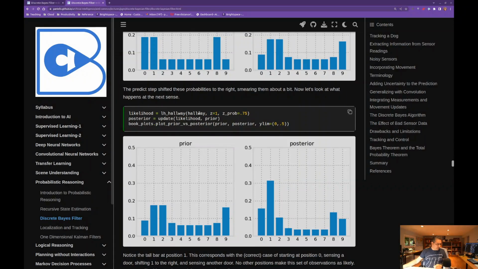The belief hat changes. This is shown here on the left, called prior, and we can see that the belief has moved by 1.